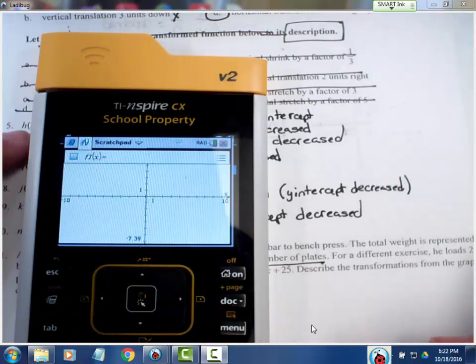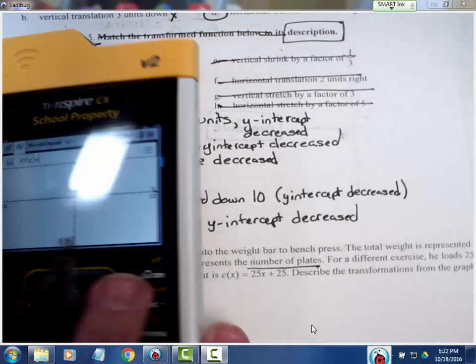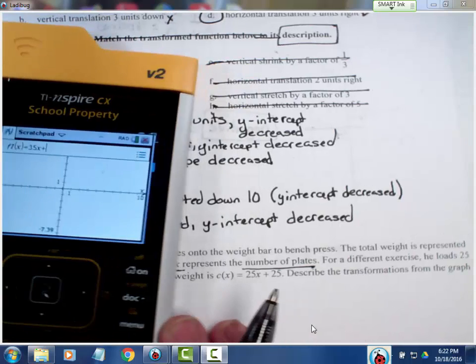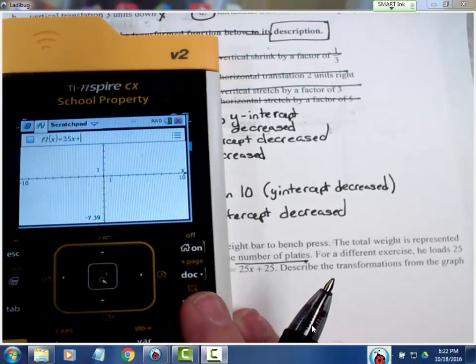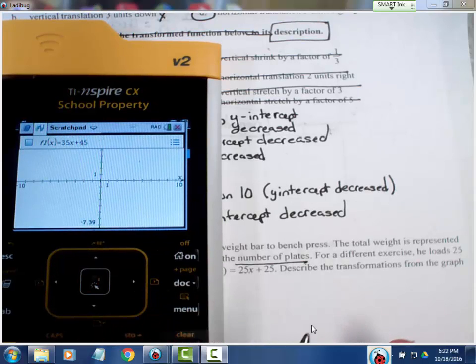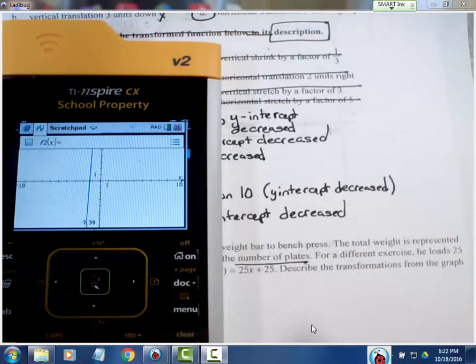All right, so our first was 35x plus 45. 35x plus 45. And then our second was 25x plus 25.